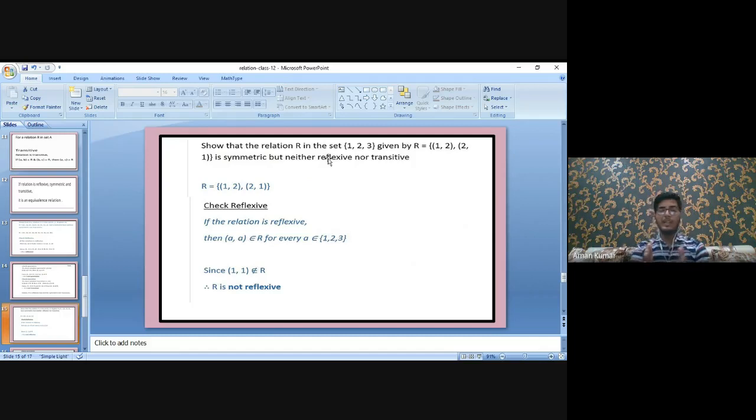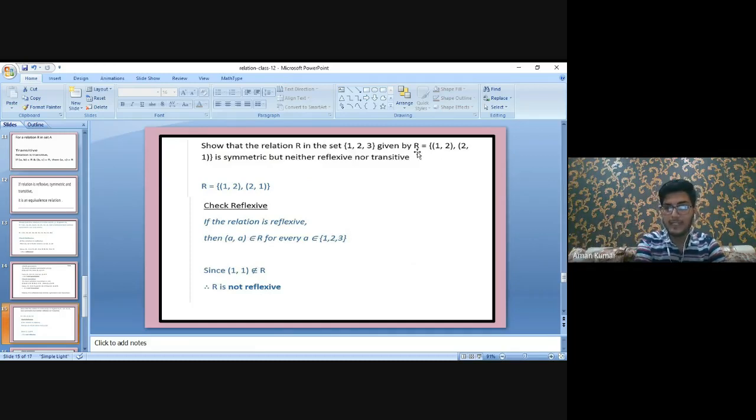As we know, a relation will be reflexive if and only if all the elements are related to themselves. That means 1 will be related to itself, 2 will be related to itself, and 3 will also be related to itself.